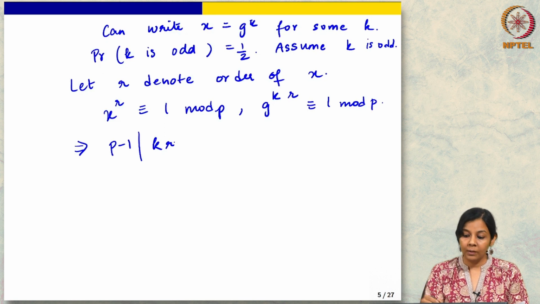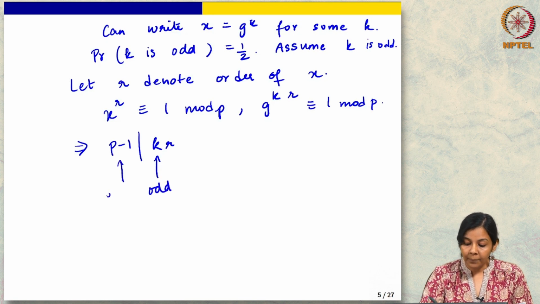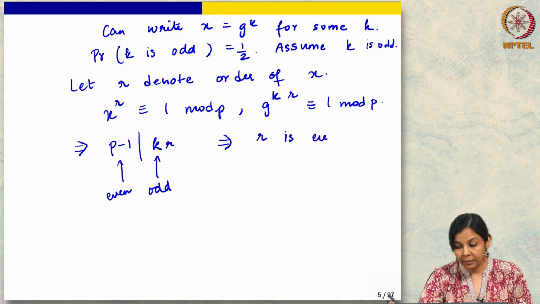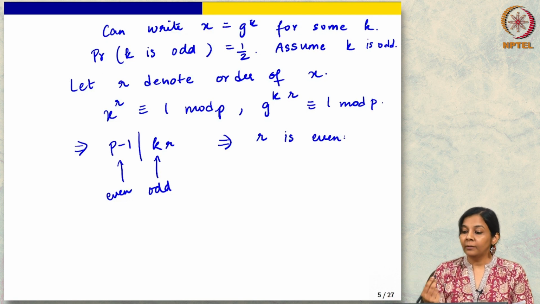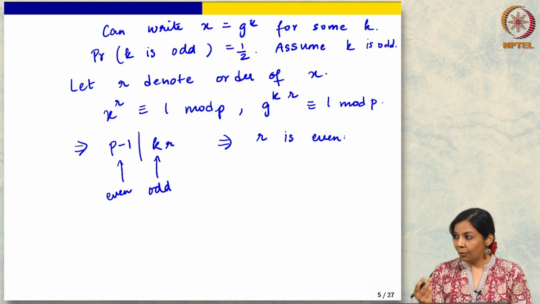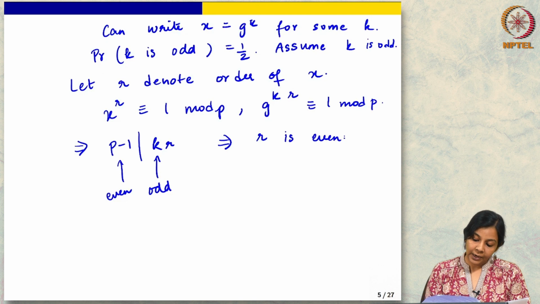Now we assumed that k is odd, but p minus 1 is even. So, this implies that r is even. So, we get our claim. The only thing that we assumed is that k is odd, and this happens with probability half. So, therefore, we get our claim.